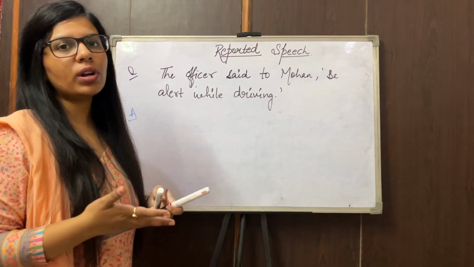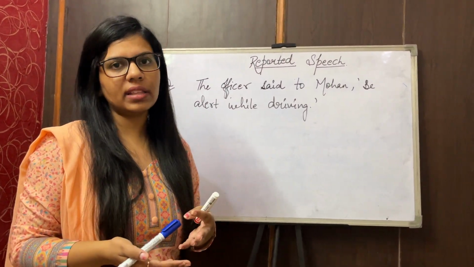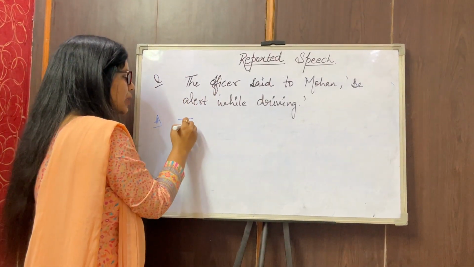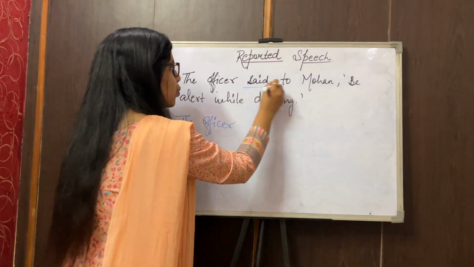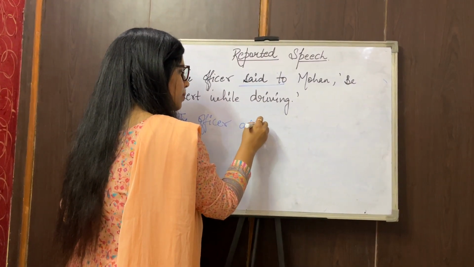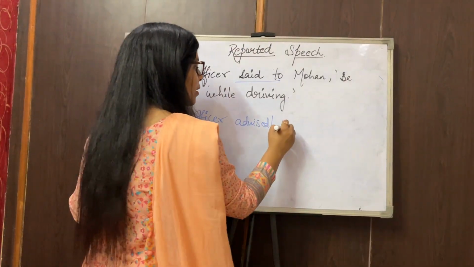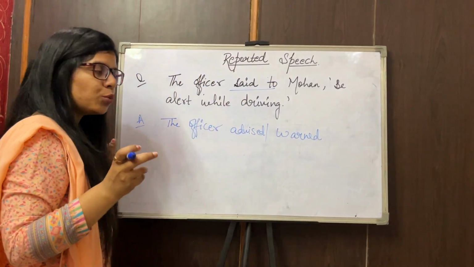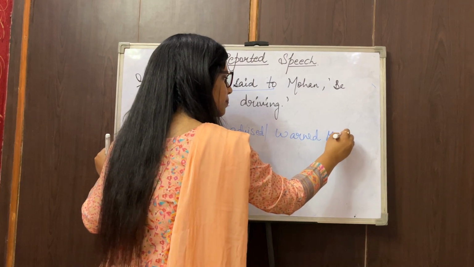Now this sounds more like advice to me. Rest, it depends upon you how you take this situation. So how can we solve this question? Of course we'll again start with the officer. "Said to" will be changed to advised, or it can also be a warning in case something has happened. Warned. So you can use any appropriate verb here. The officer advised or warned Mohan.